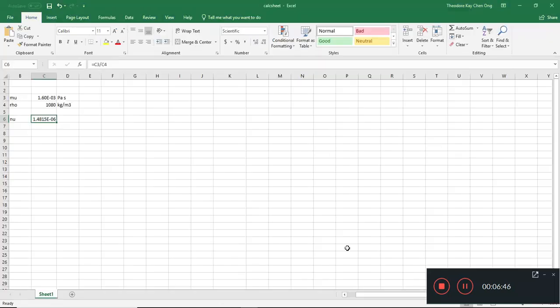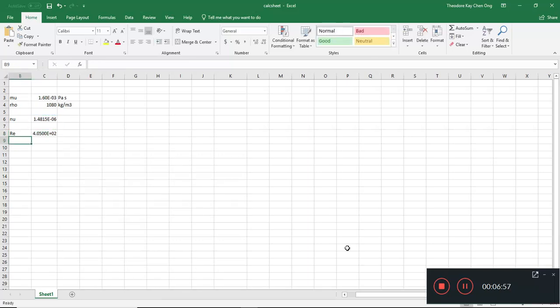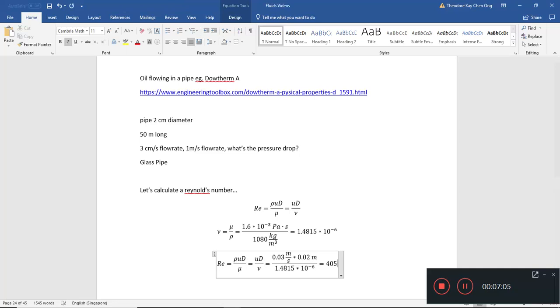So the Reynolds number for the first case is 0.02 times 0.03 divided by this number. And what's this number? General format, 405. Is this laminar or turbulent?